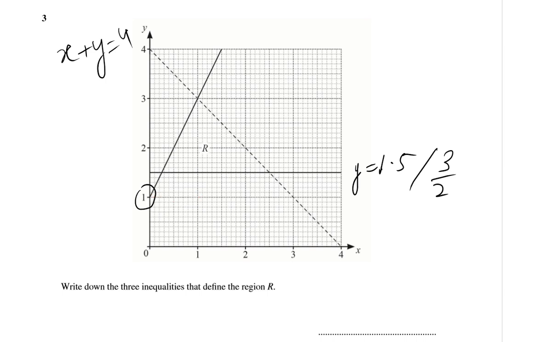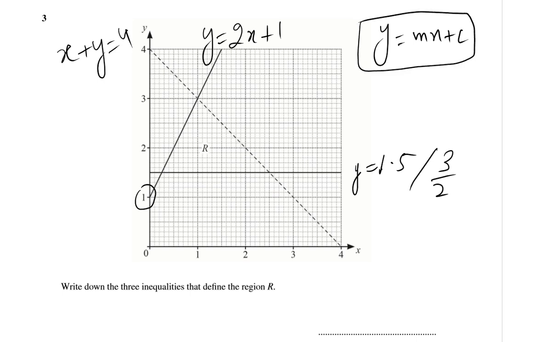So gradient is y over x, or rise over run, or change in y over change in x, and that's why it will be 2 over 1, that is, just 2. So its equation will be y is equal to 2x plus 1. y is equal to mx plus c is our general form. So c is the y-intercept, where the line touches the y-axis.